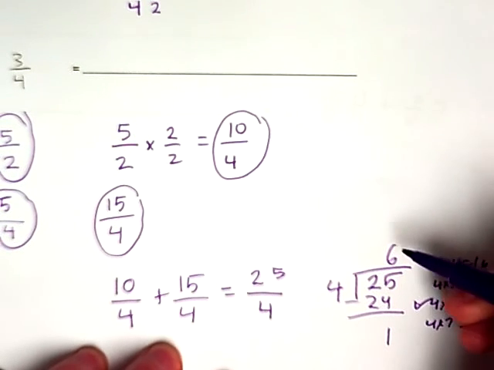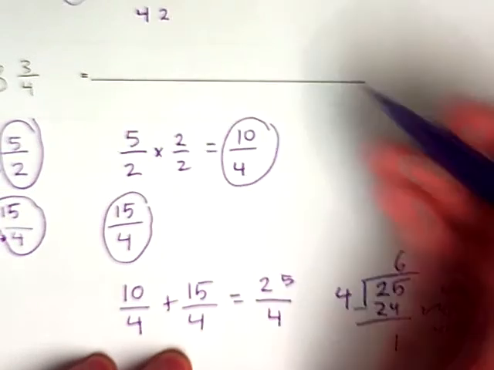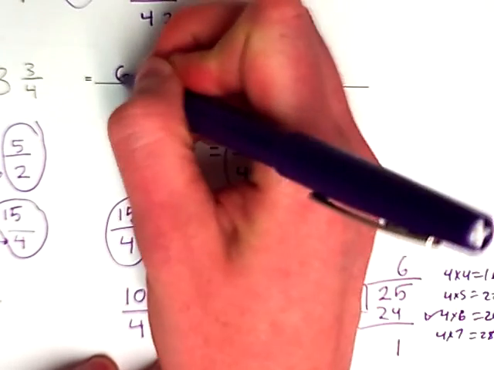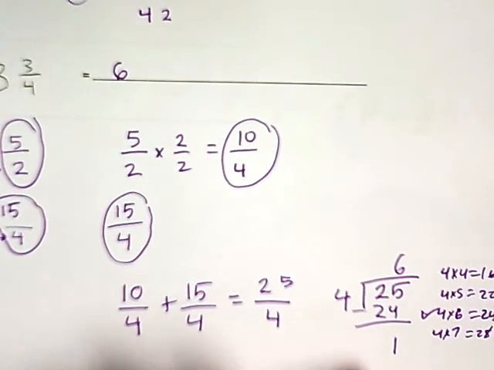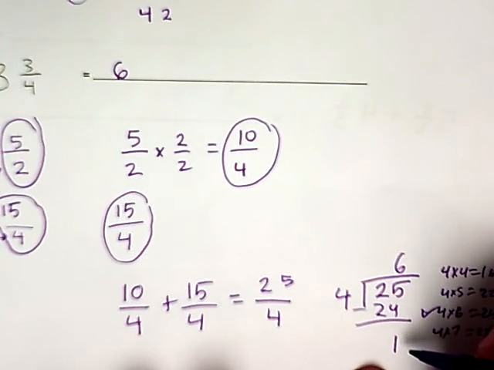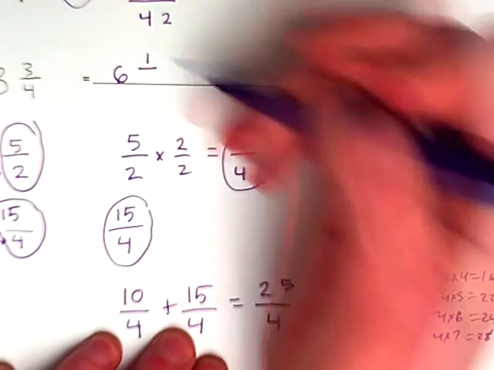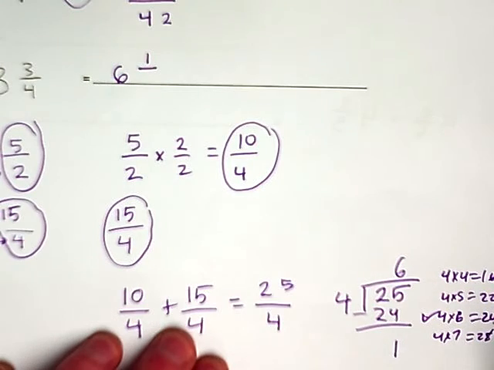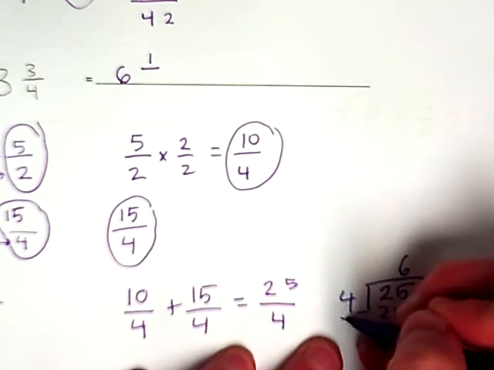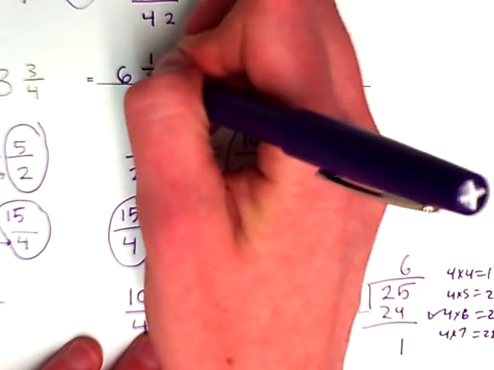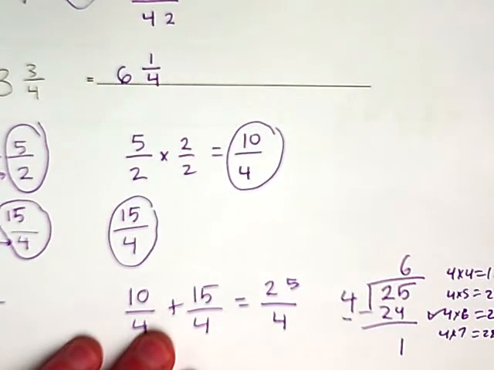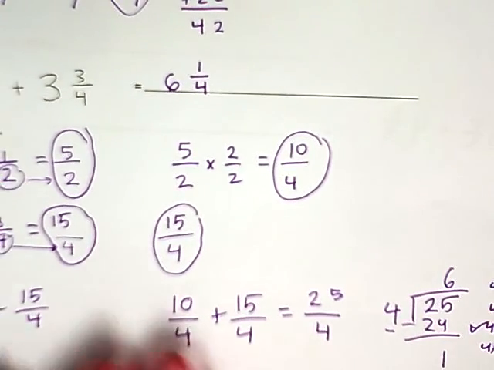So the number on top is your whole number, so I'm going to write that first, 6. And then my remainder is going to go on the top of the fraction bar, and what I divided by goes on the bottom of the fraction bar. So now I have my mixed number, 6 1/4.